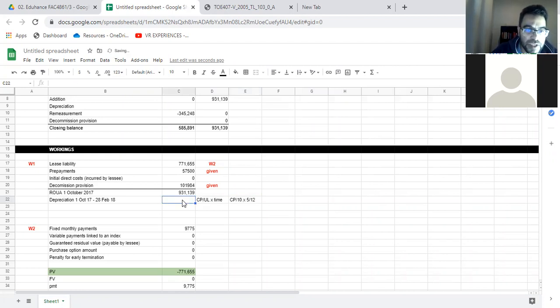So if I do this, depreciation is negative 930, whatever that is, divided by 10 multiplied by 5 divided by 12. So that will be my depreciation for the 5 months.